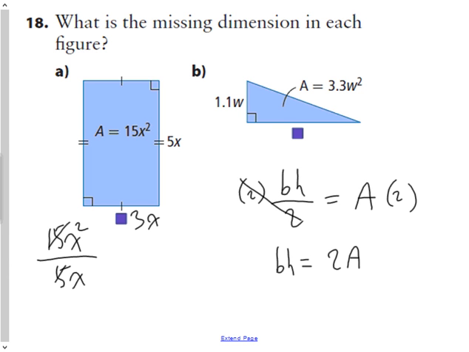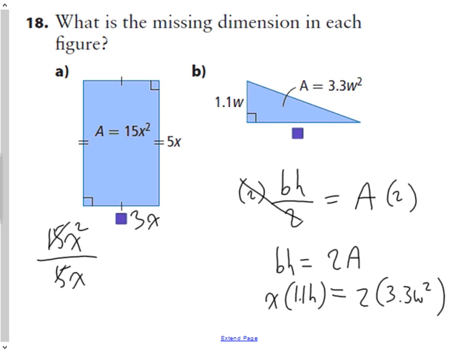So if I substitute what I know, the base, I don't know the base, so we'll just make it a square, multiplied by the height. So a mystery number, let's call the base x. So the base multiplied by the height is going to be x multiplied by the height, equals 2 multiplied by the area.